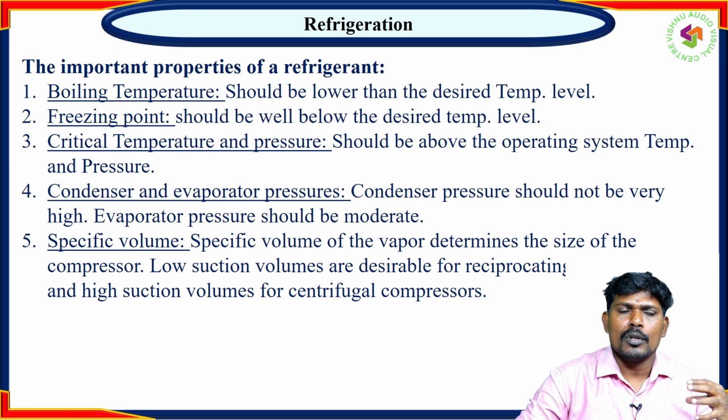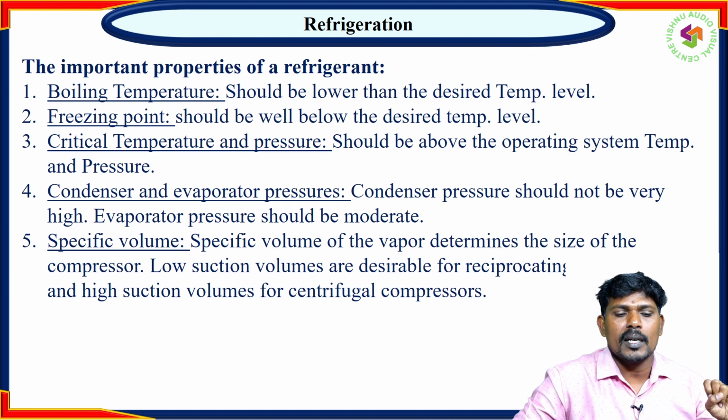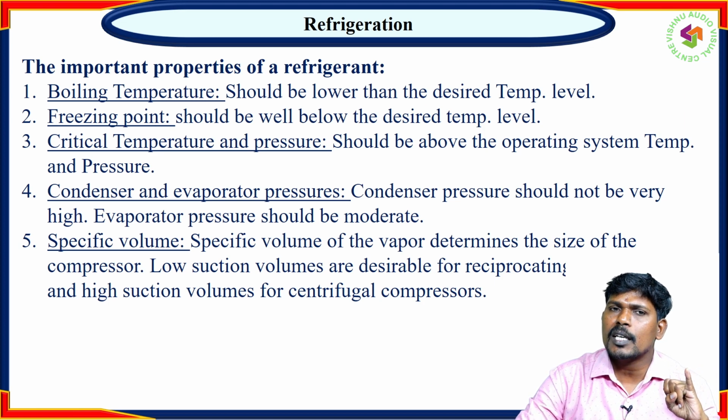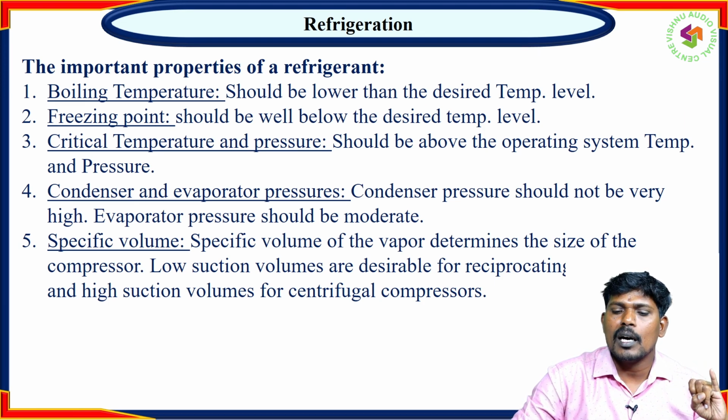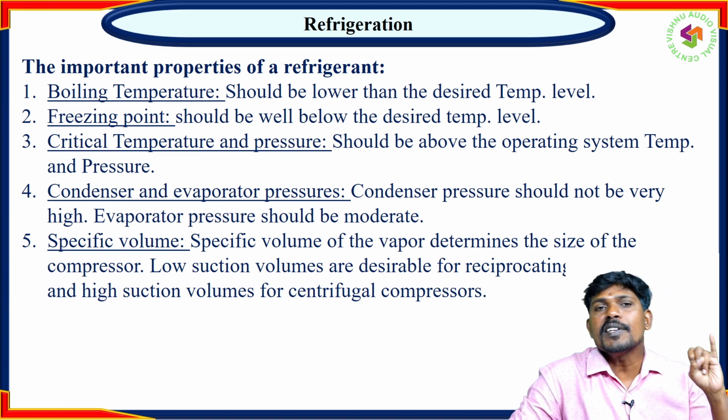So in your refrigeration process, if you want to choose your own refrigerant, you need to consider these properties before choosing it. First, the boiling temperature of the refrigerant. The boiling temperature of the refrigerant must be lower than the refrigeration temperature.